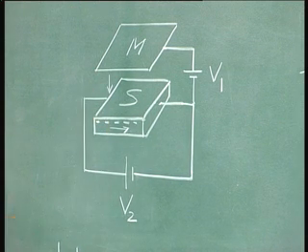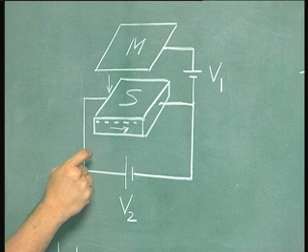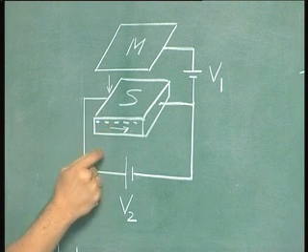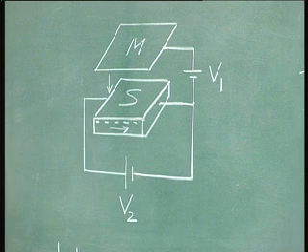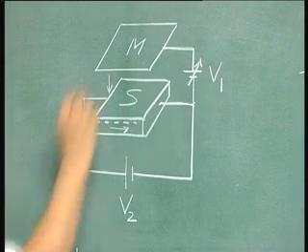So this was the concept that was proposed to implement the vacuum tube triode in a solid state device using a semiconductor. Now what is happening here? This is the controlling voltage V1.